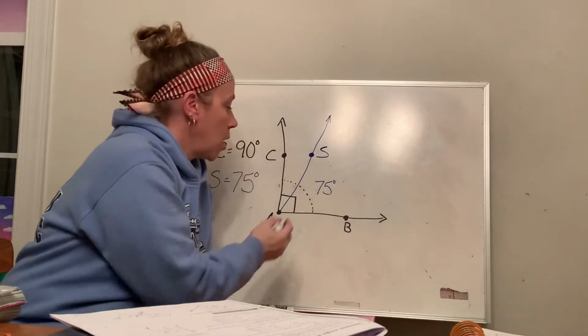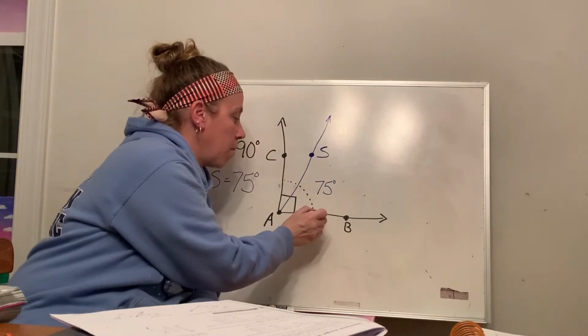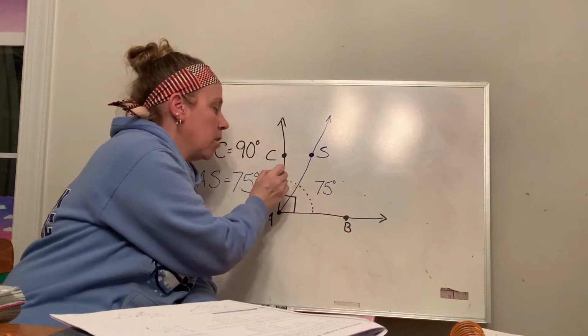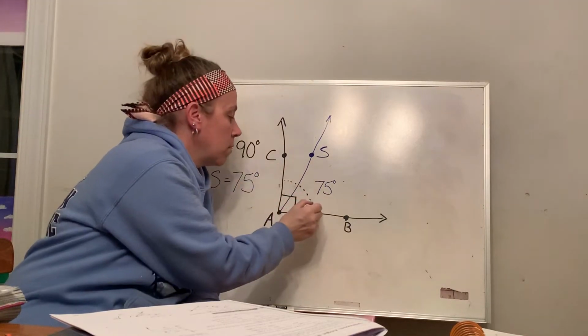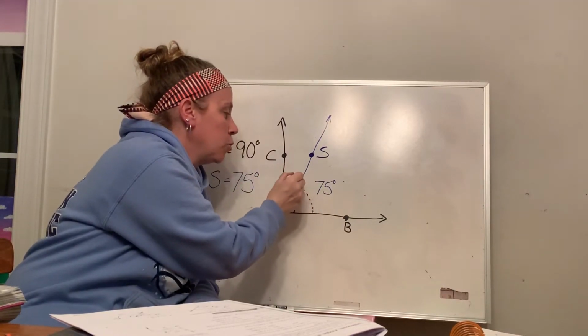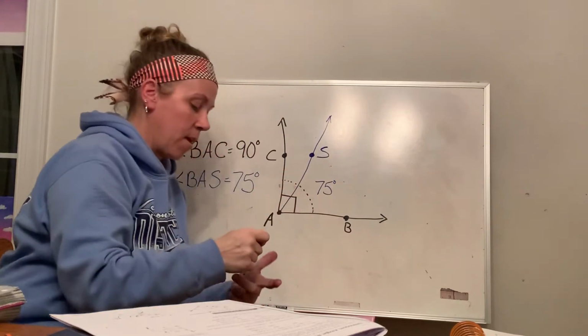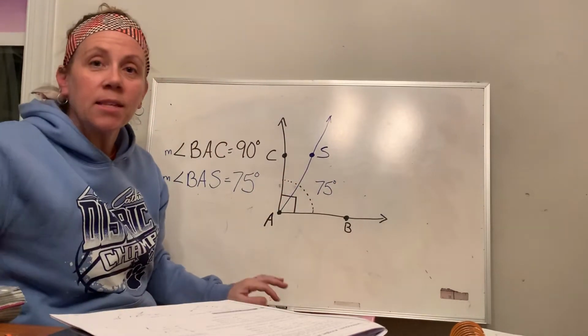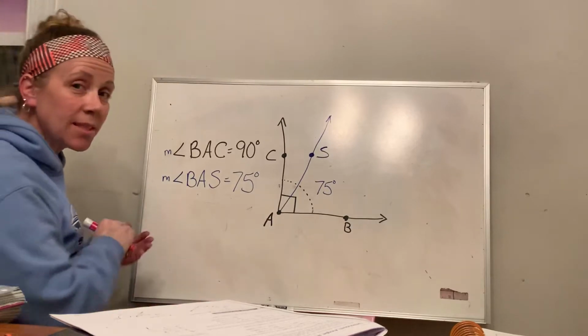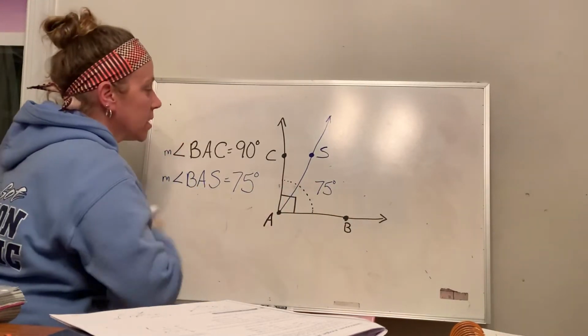So if this whole thing from here to here is 90, and here to here is 75, I need to find the missing angle. Just like on my line, I need to find that missing piece.